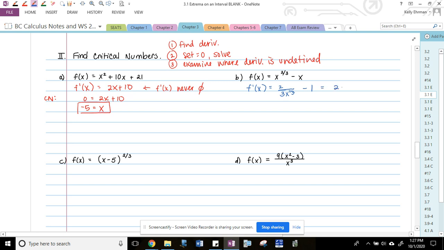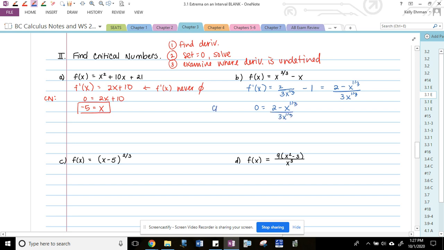You may or may not find that to be easier, but it would just be making the 1 into 3x to the 1/3 over 3x to the 1/3. But if I'm setting something equal to 0, I like it to be one fraction equals 0. Okay, so 0 equals 2 minus x to the 1/3 over 3x to the 1/3.